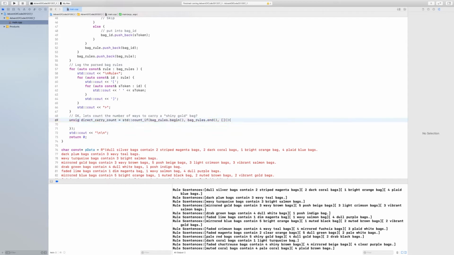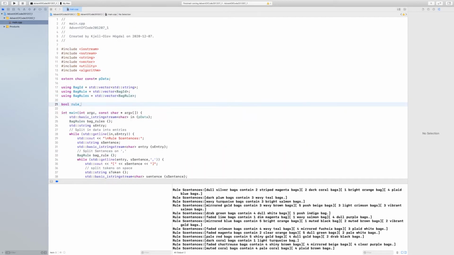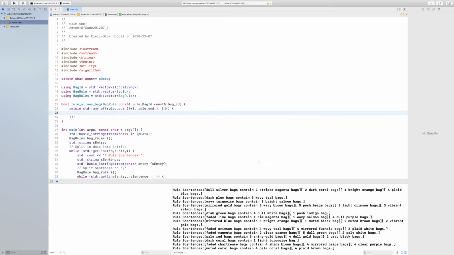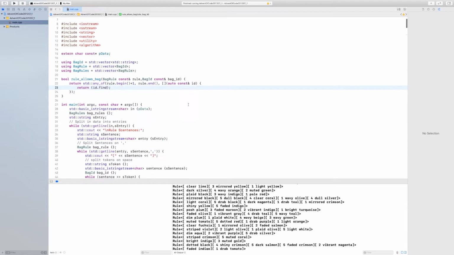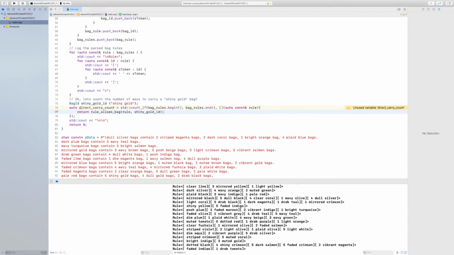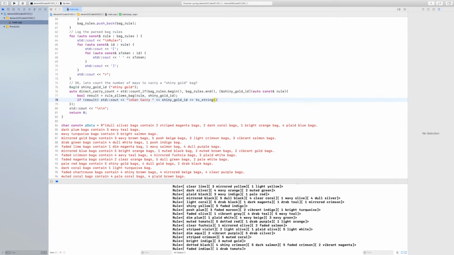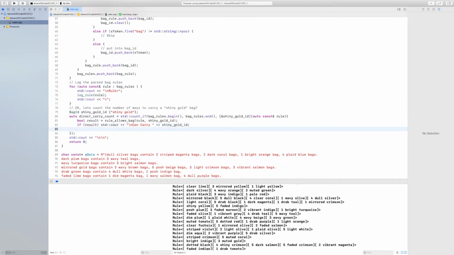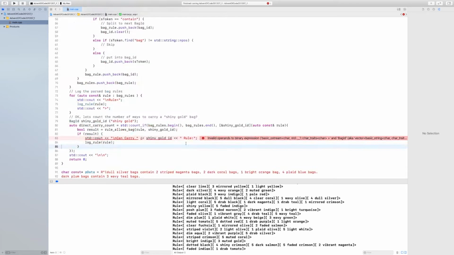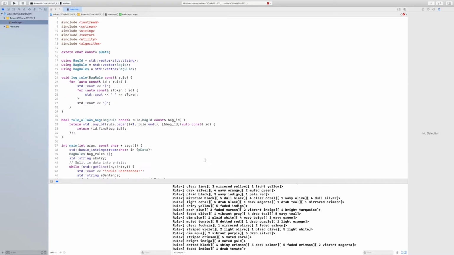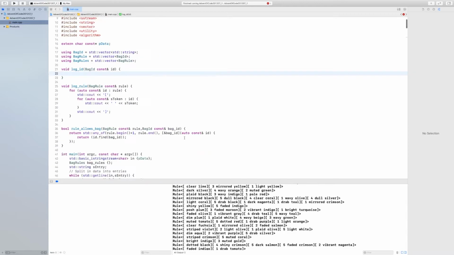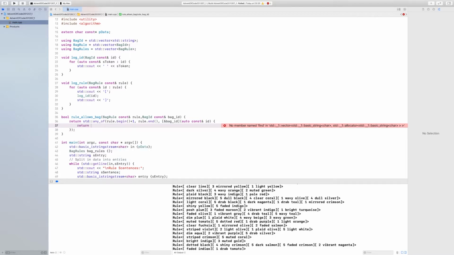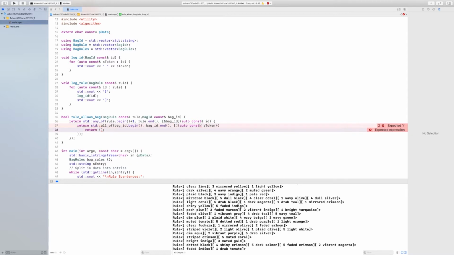I tried the accumulate and transform, and then I realized I need the count_if to try to count the... well, my first approach was to try to transform or count all the rules that had the shiny gold as a contained bag. I don't think that was especially a good idea, but well, I struggle on here.